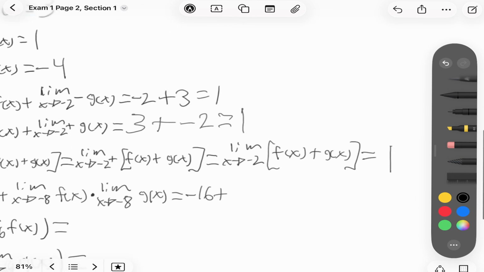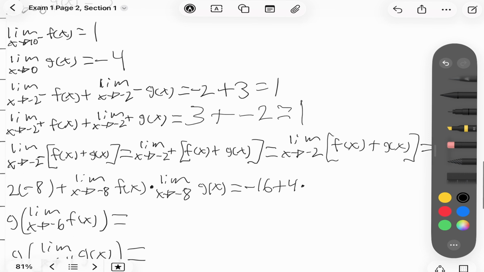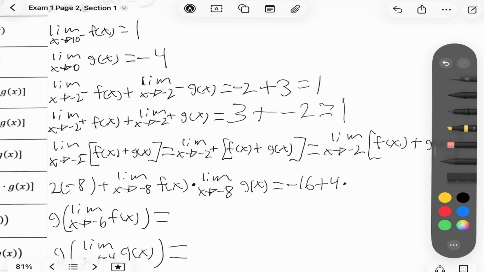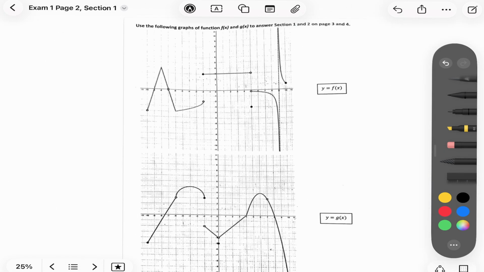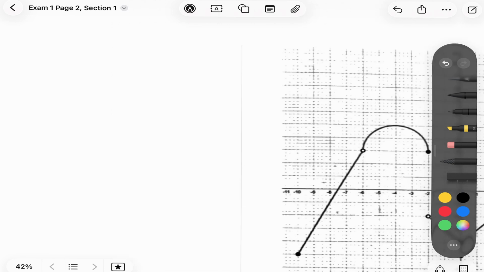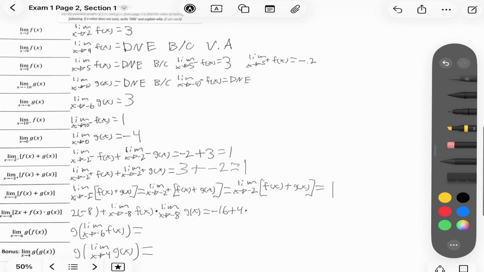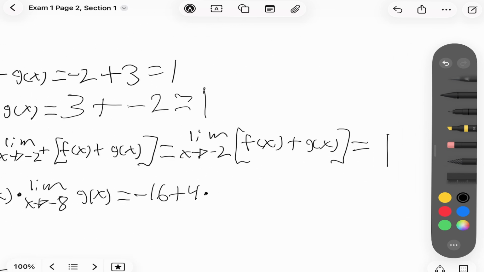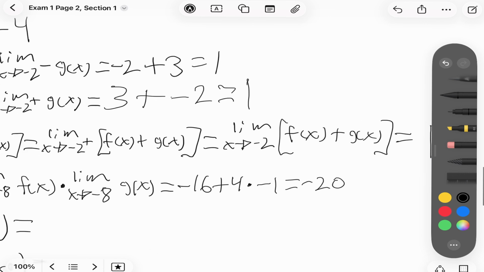So we plus 4 times our limit x approaching negative 8 of our g of x. So let's go to our g of x, to negative 8. Right here, so we know that this is negative 1. This will get us negative 20, and that is our answer, negative 20.